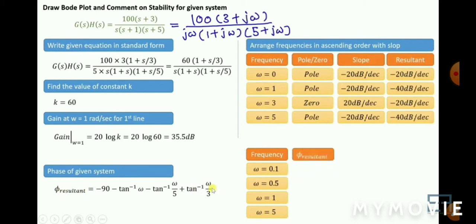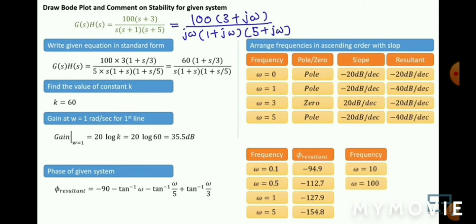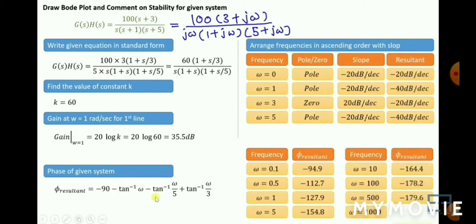Then frequency: these are some frequencies I am assuming, you can take your own values. Omega equals 0.1, 0.5, 1, 5. If you put them in the formula, you get the resultant phase angle. If you put omega equals 0.1, you get minus 94.9, and so on for the others.